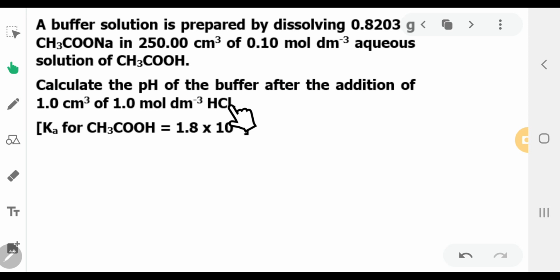So the steps are going to be a little bit more complicated than what we have done just now. Yes, we're still going to be using the Henderson-Hasselbalch, but before we can do that, we have to do a few more steps.